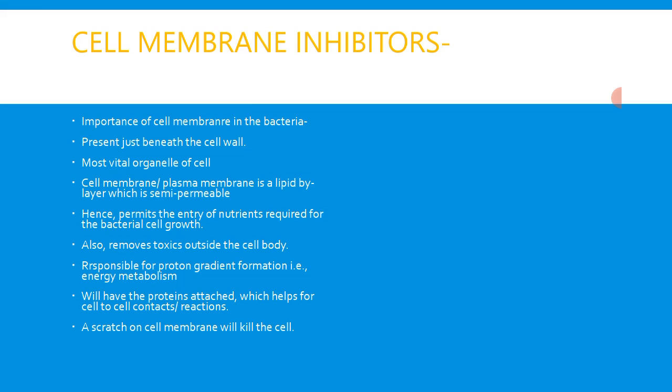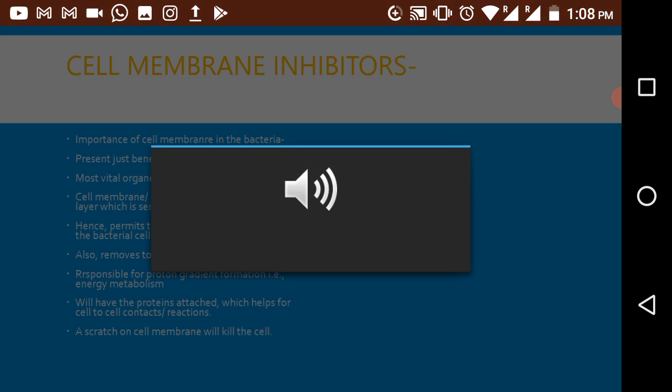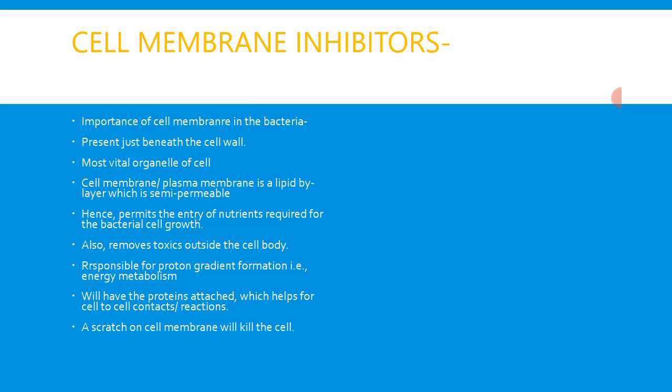So therefore the cell membrane, we can see, is a very important part of the bacteria. And the most important function of the cell membrane is what? To allow certain specific nutrients required for bacterial cell growth and to excrete certain toxic materials from the bacterial cells. All right.